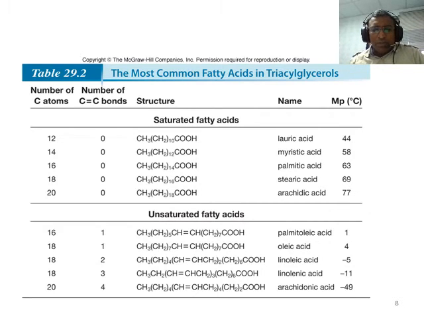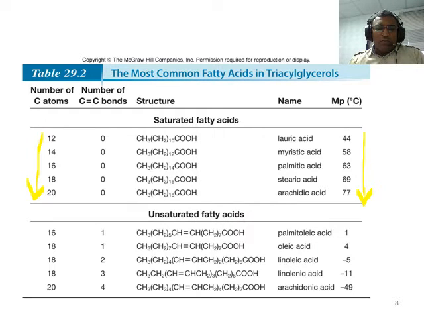So this table is a good indicator of the melting point that is reduced when there is introduction of a double bond, and also of the increase in melting point when the hydrocarbon chain increases. You can see here, as you go down this table, the melting point increases because two carbons at a time are being included.